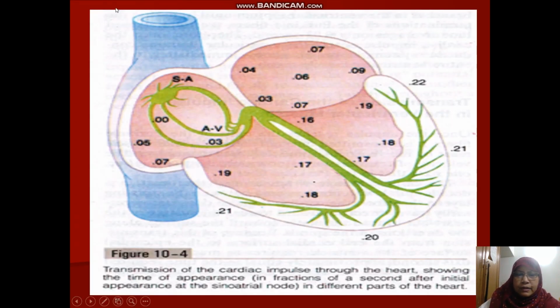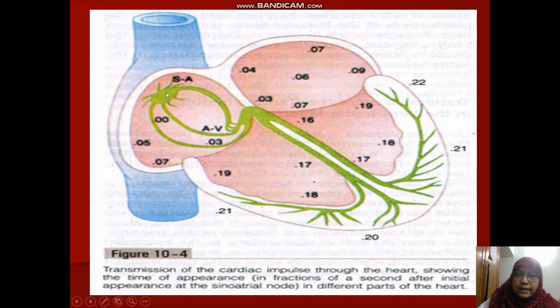So this is the figure showing the time. In SA node, at first the impulse is generated, and we know that SA nodal fibers are continuous with the atrial muscle. So when there is impulse generation, it is conducted throughout the atria. So first atria is excited, so atrial systole occurs.